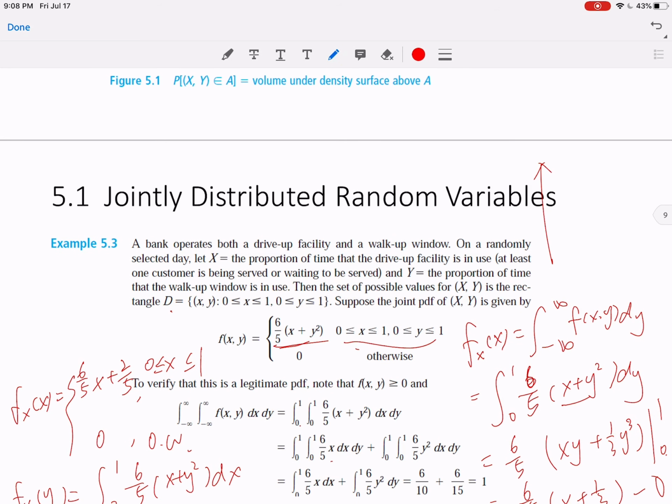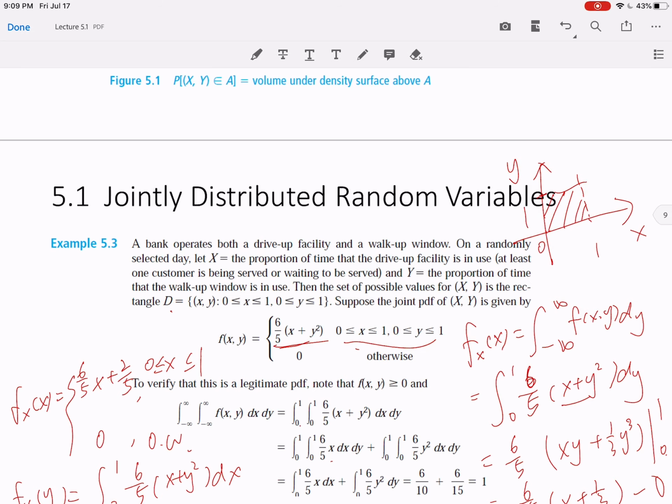This is x and this is y, right? So there's 0 and this is 1 and this is 1 as well. So if both x and y have to be between 0 and 1, the region for the positive values has to be this rectangle, the shaded region here. If we have something like that, it's nice and friendly, because the calculation in this kind of case is simpler and easier.